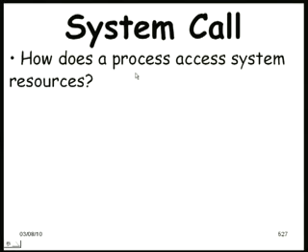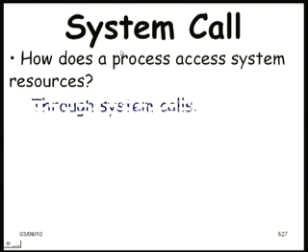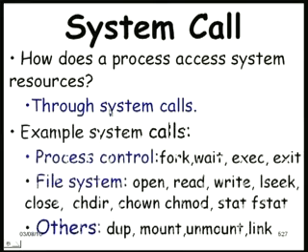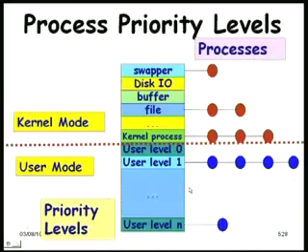It can only make calls to the operating system, and there are many examples of system calls. For example, fork, wait, exec, etc. File system calls: open, read, write, lseek, etc. There are other calls like the pipe call, dup, then mount device, unmount, link.